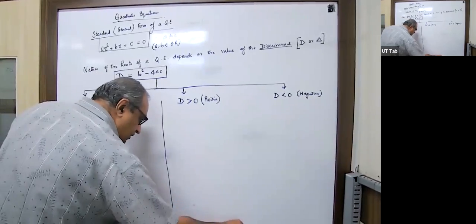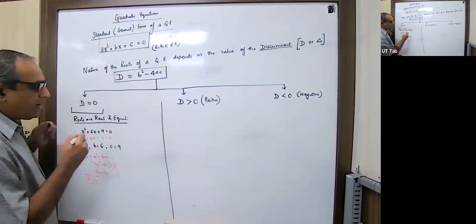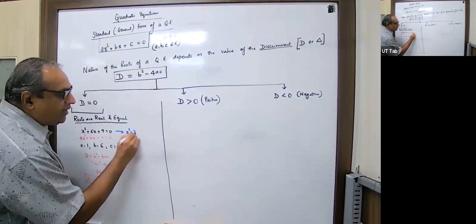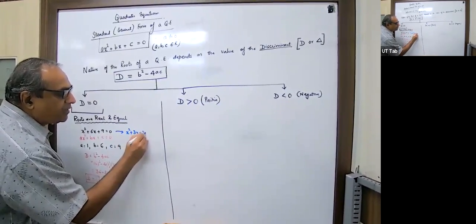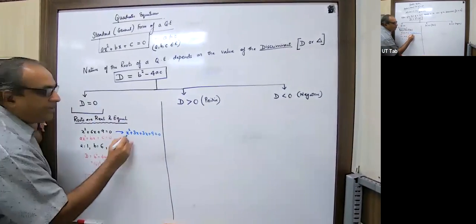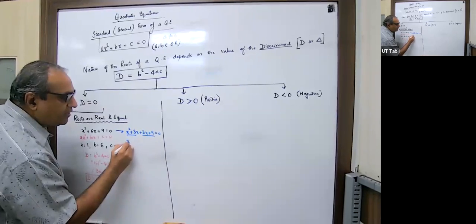To show you that really the roots are real and equal, तो हम क्या करते हैं, इसको फैक्टराइज करते हैं by splitting the middle term, है कि नहीं? ऐसे लिखते हैं कि नहीं? फिर ये दोनों को साथ में लेते हैं.